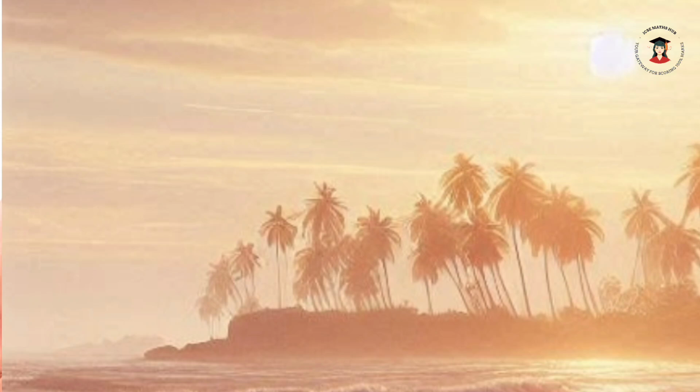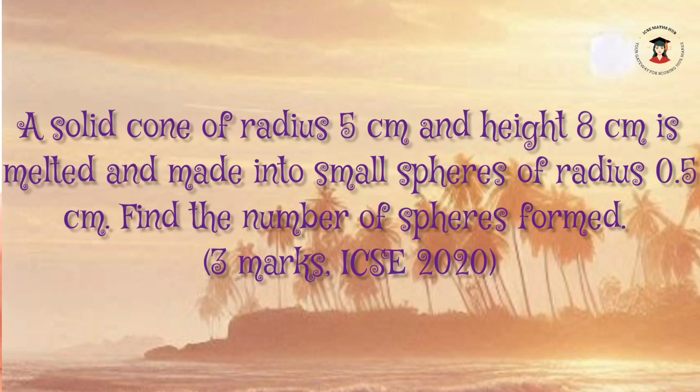In question number 20, a cone is melted and it is then recasted into a number of small spheres. So there are n spheres and there is only one cone. So volume of n spheres will be equal to volume of the cone.